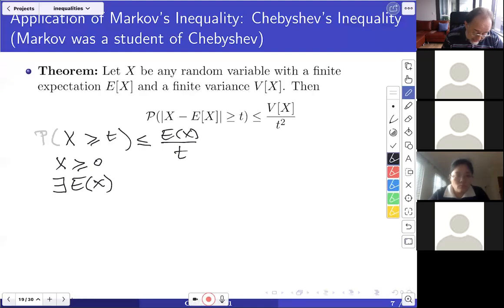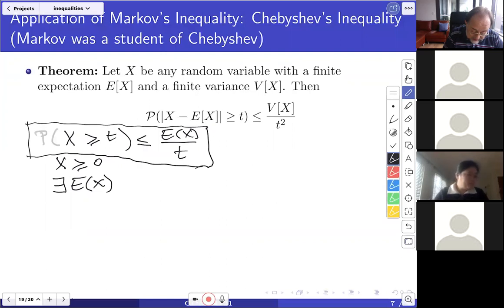condition, and this, as we mentioned last time, this property is often not very useful because, for example, if t is smaller than the expected value of x, this would simply say that this probability is smaller than 1, which is smaller than something bigger than 1, right?